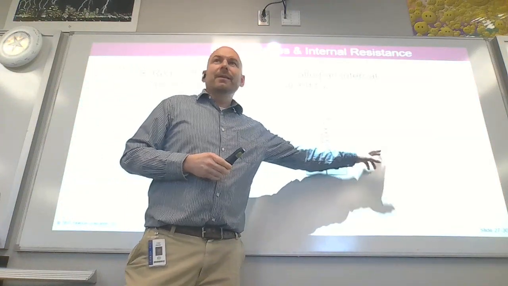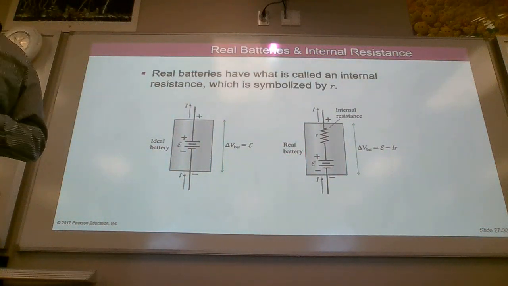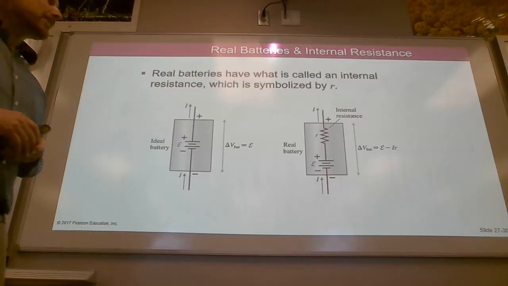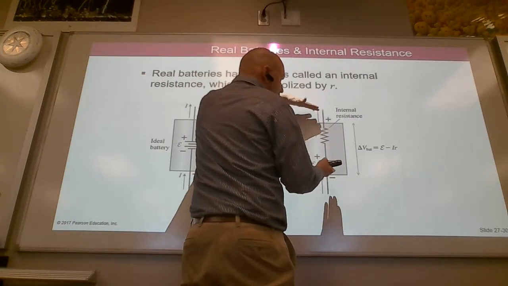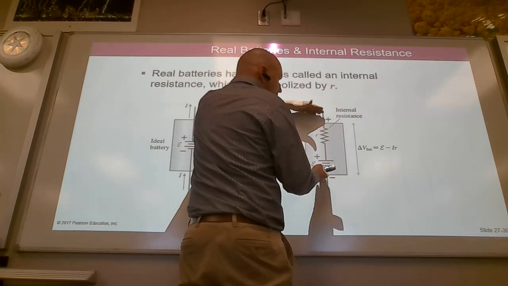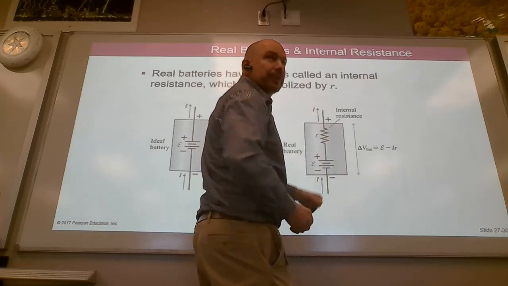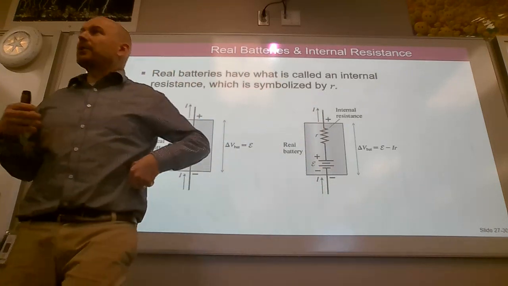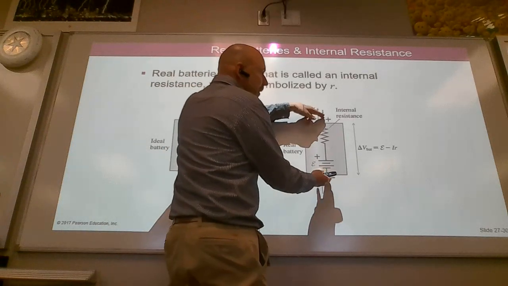EMF is the theoretical voltage across the battery. Then in a real case, you have current going through it and internal resistance. This would be the terminal voltage, what's actually usable after the resistance. The internal resistance takes some energy away.